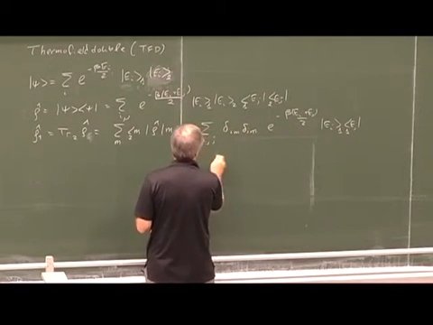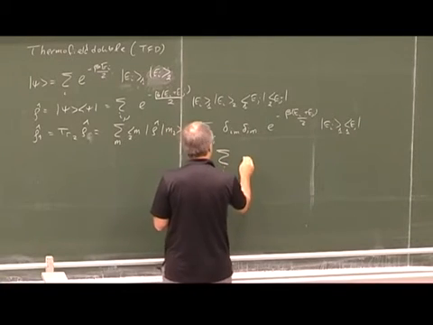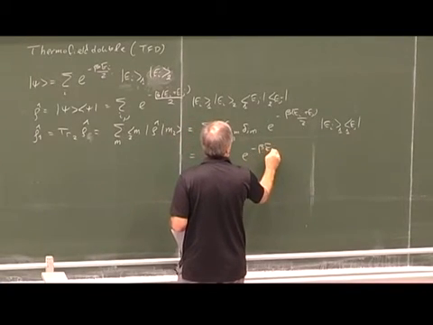And so this is the sum over i of e to the minus beta Ei.